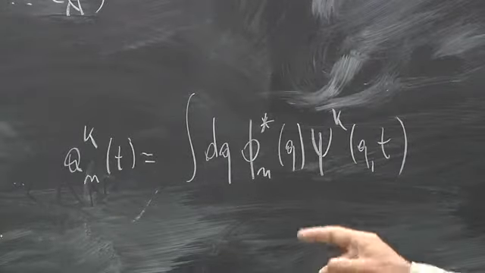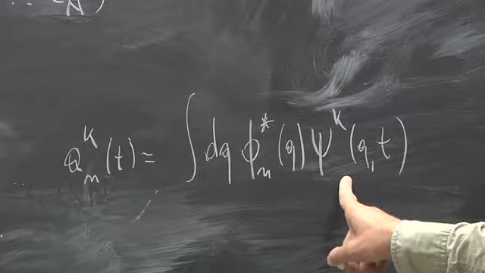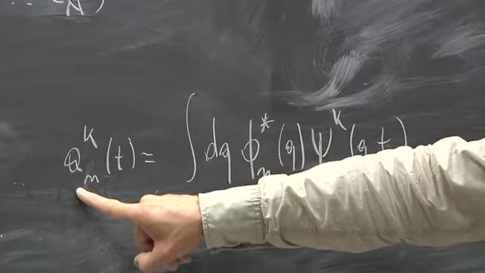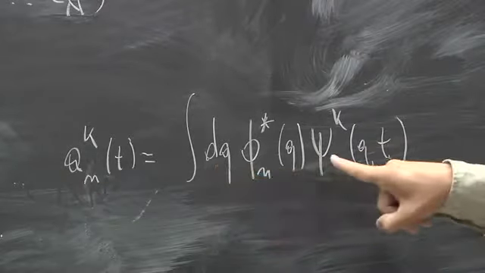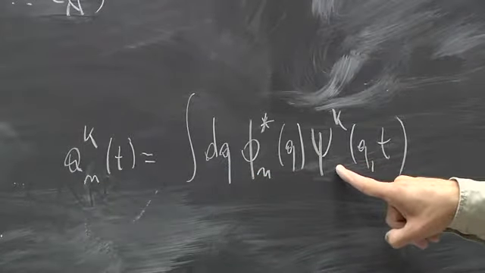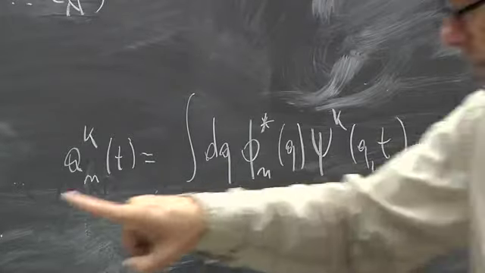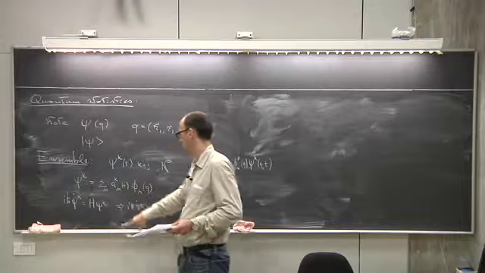So if I take a derivative here, iħ times the time derivative, I will have iħ times the derivative of psi_k, which is H times psi_k.